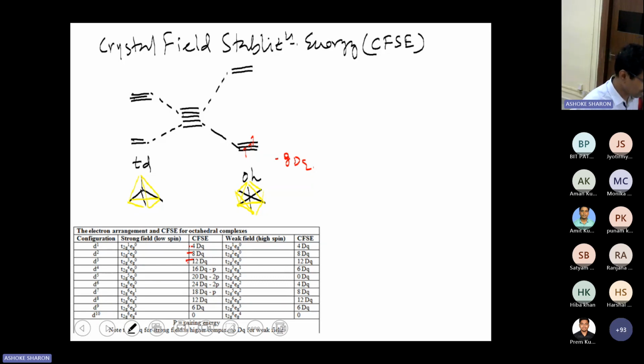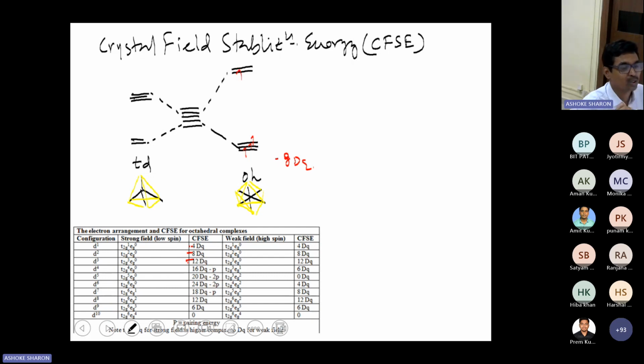Now there are two kinds of spin. One is low spin and another is high spin. For the high spin electronic configuration, all the orbitals are first filled. That means after the filling of these 3 electrons in the t2g set, the next 4th electron will move to the eg set of orbitals.